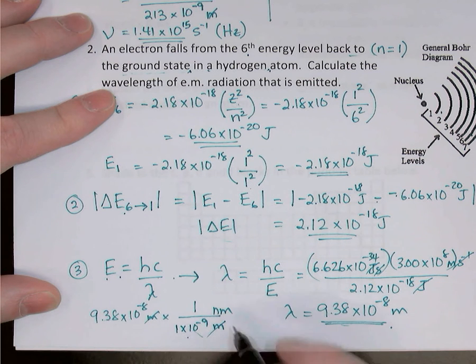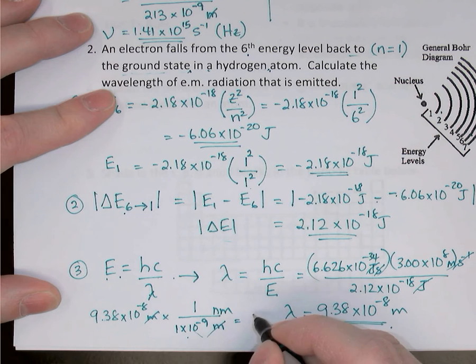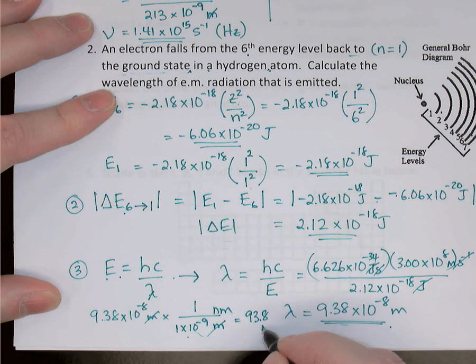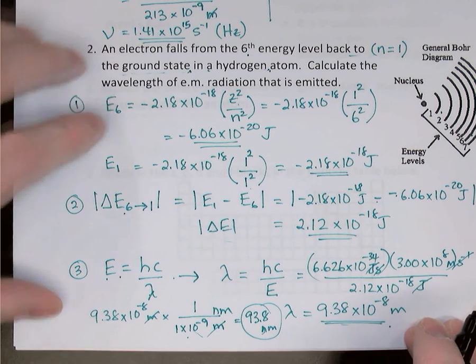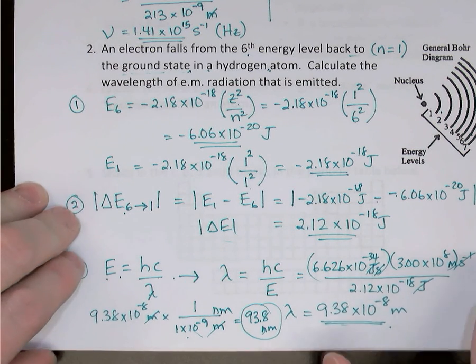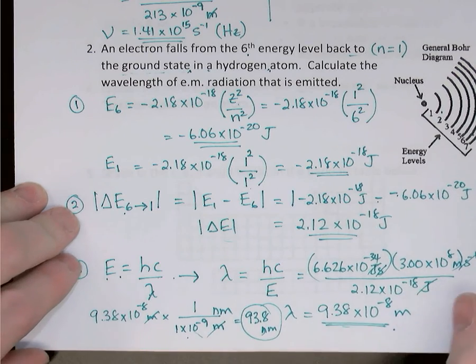Dividing those two numbers, we would get 93.8 nanometers. Okay, you did not need to do that, but if you were asked, that's how you might set it up with a unit multiplier.